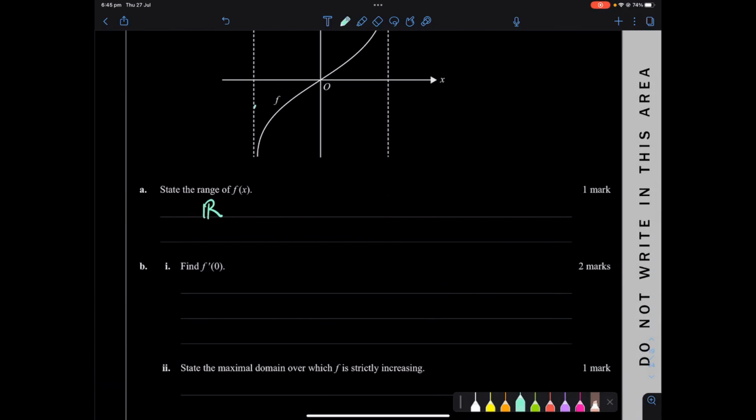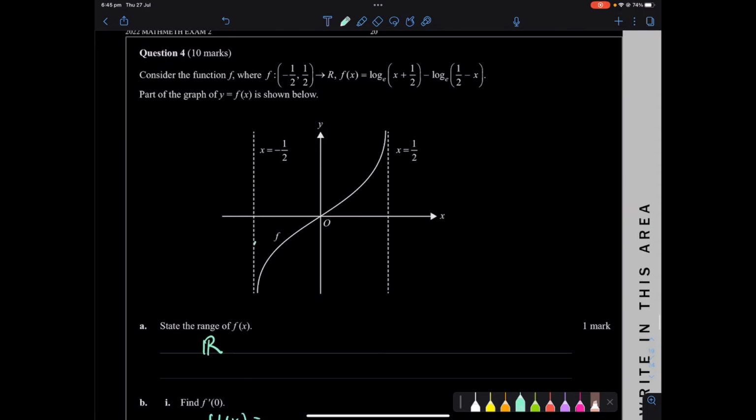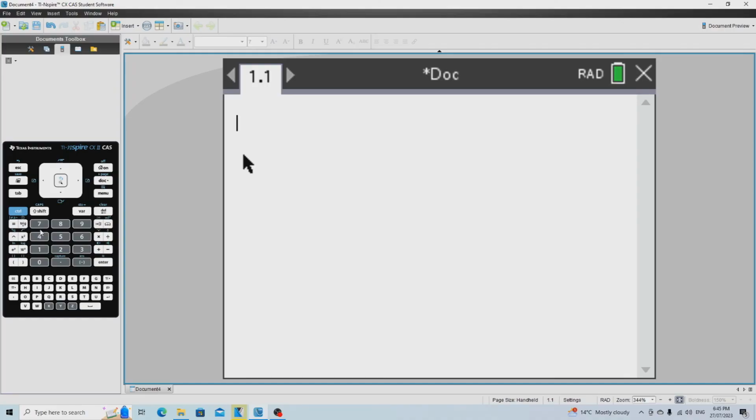It's 2 marks, so first I'm going to just find f dash of x. So I'm going to define that function, add a calculator, and we are saying define f of x equal to the natural log of x plus 0.5, minus ln of 0.5 minus x.